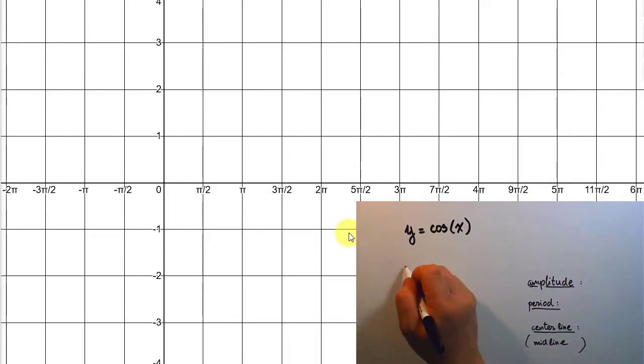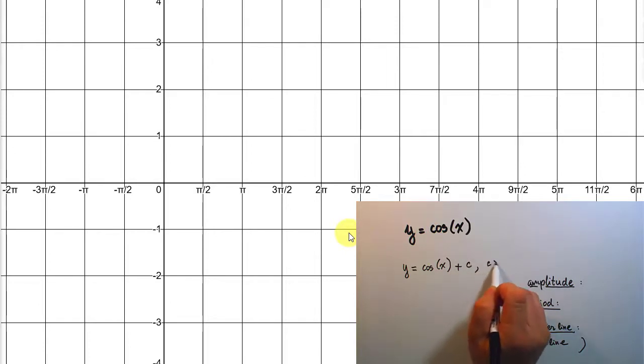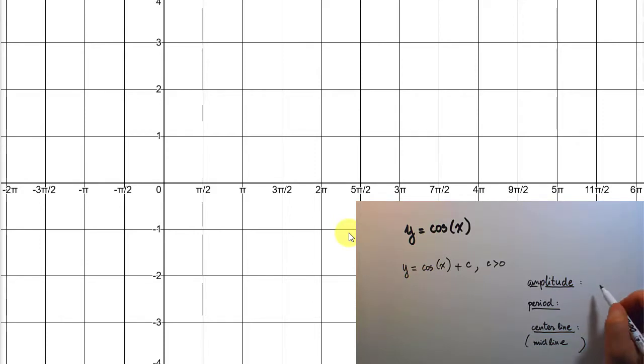So generally speaking, when our function is cosine of x plus a constant c, assuming c is a positive constant, then what we have found throughout our investigation is that the amplitude remains the same, being 1. The period remains the same as the original standard cosine of x, 2 pi.